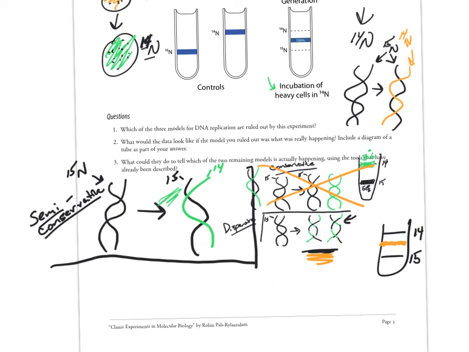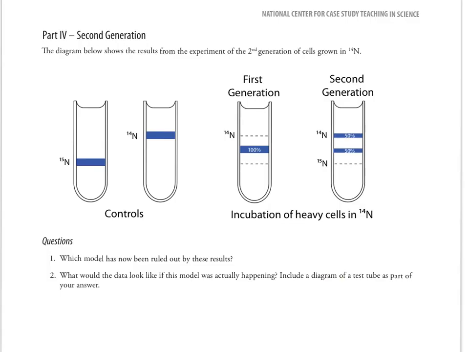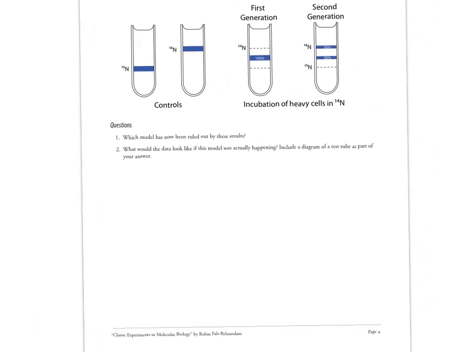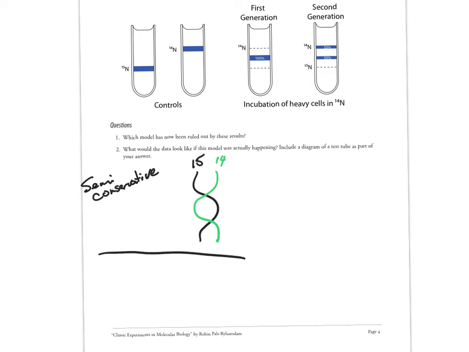We're going to do this one more time, but we're still keeping the nitrogen 14. So from the first replication on the semi-conservative model, remember we got rid of the conservative model, what we got is one 15 molecule and one 14 molecule, so we got that band that's in between. That was our beginning for our second round of replication. Again, we're growing it in a nitrogen 14 solution.